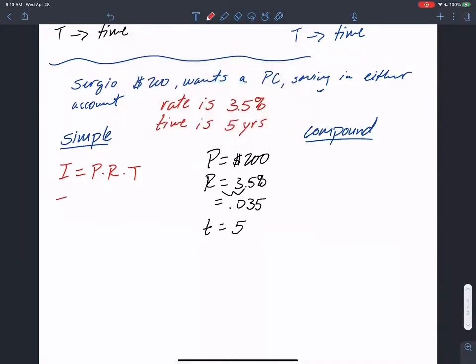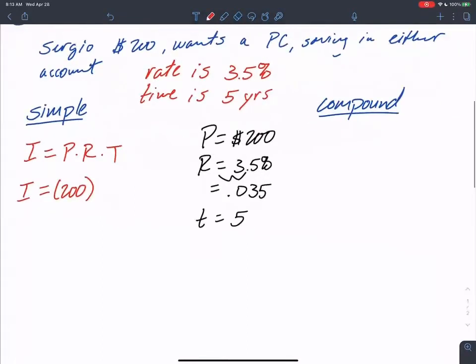So I equals principal, 200, times the rate, which is 0.035, times the time, 5 years.